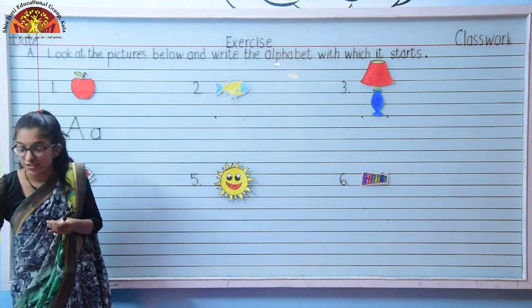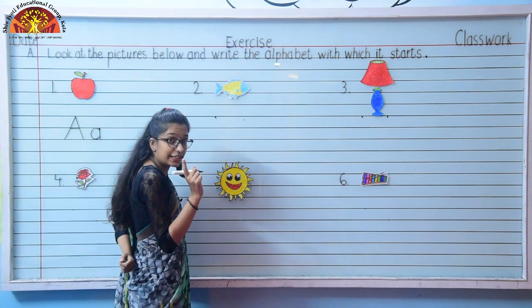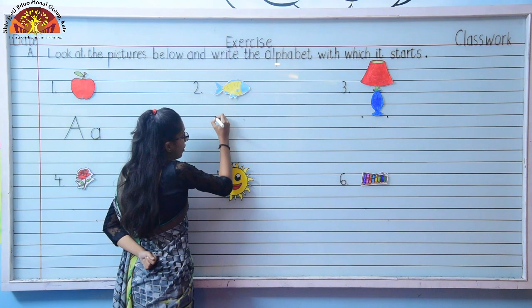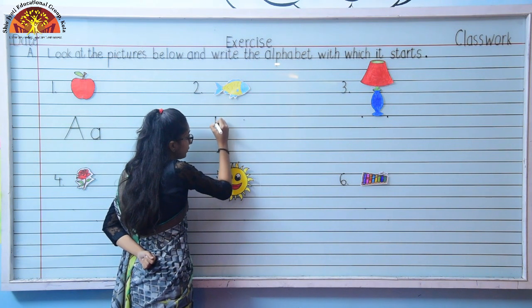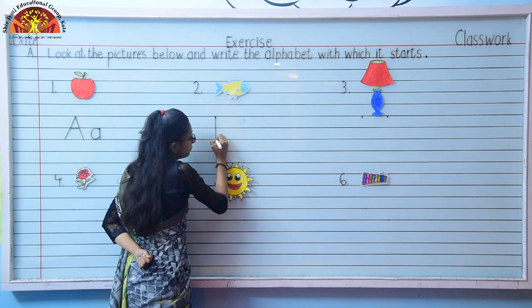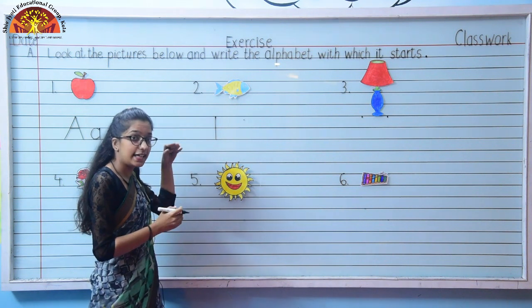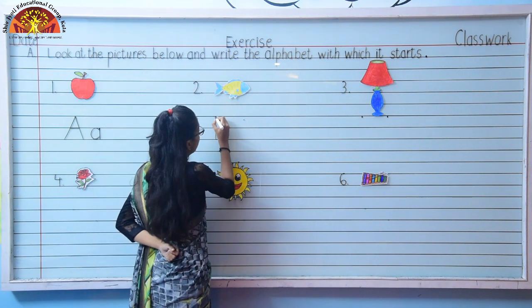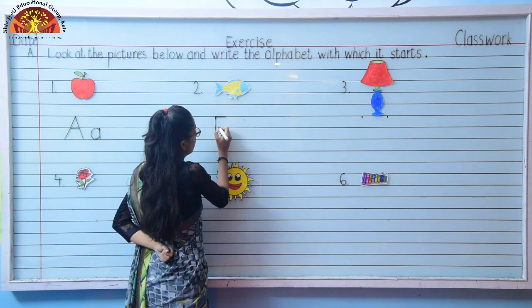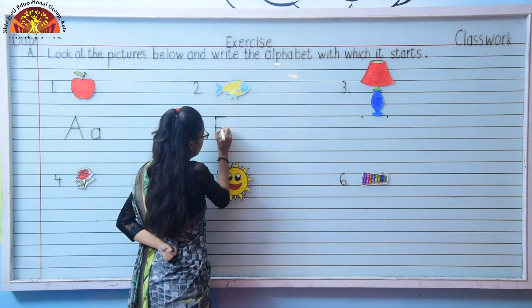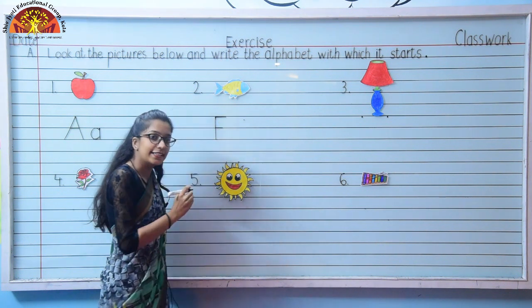So let's write capital letter F first. So draw one standing line. Okay, then sleeping line. Here one more sleeping line. Like this.